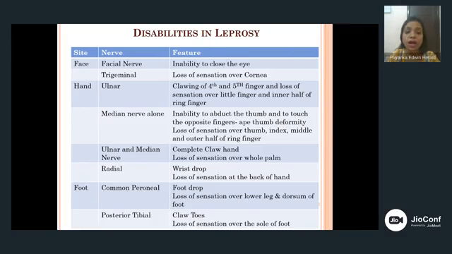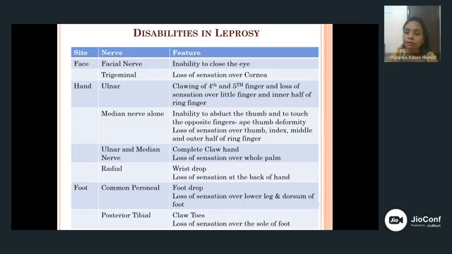In the hand, if the ulnar nerve is affected, there will be clawing of the fourth and fifth finger, and there will be loss of sensation over the little finger and inner half of the ring finger. If the median nerve alone is affected, then the patient will not be able to abduct the thumb and touch the opposite fingers. That deformity, you all know, is called ape thumb deformity.